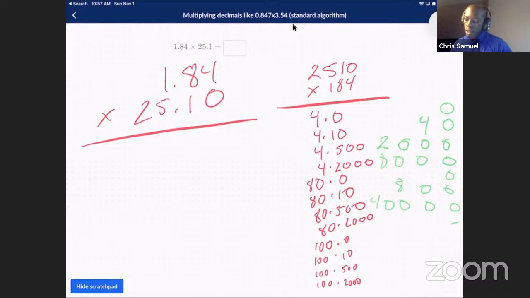And then 80 times 2,000 is also like 16,000. Wait, no. 80 times 2,000 is 160,000. Wow.